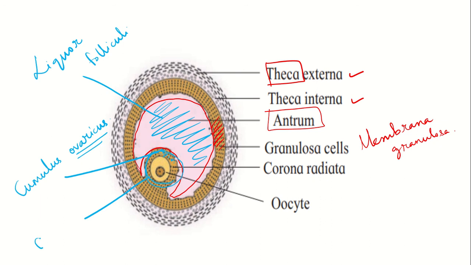Fine. This corona radiata layer surrounds the secondary oocyte. It is covering the secondary oocyte cell.